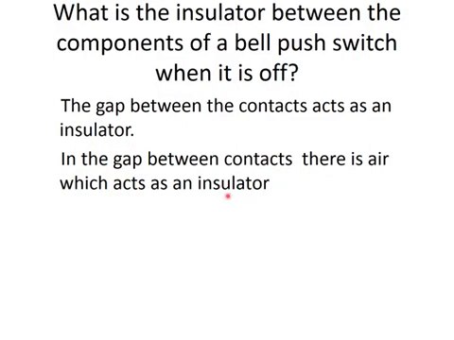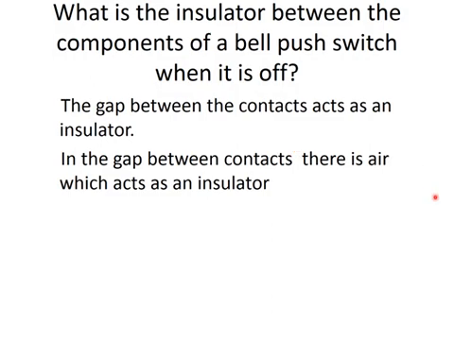So basically they are asking that when the bell switch is off, what is the insulator between the two contacts? Between the two contacts there is air, there is a gap.